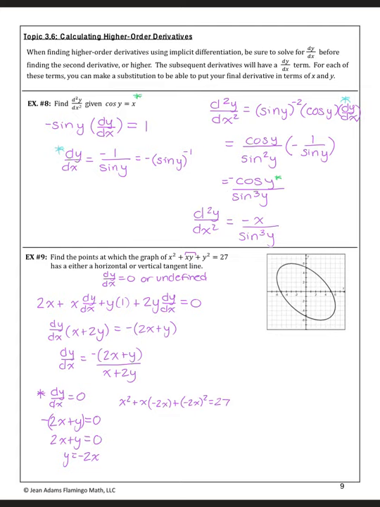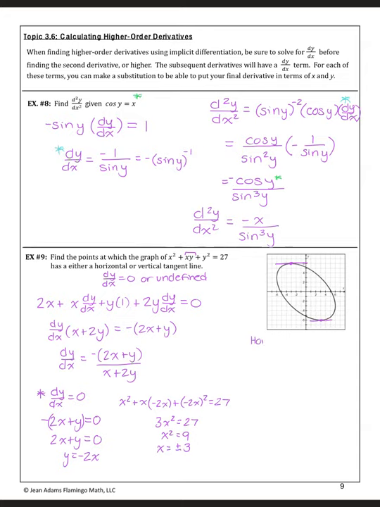Simplify this all down, you will get 3x squared is equal to 27, which means that x squared is equal to 9, which means that x is equal to plus or minus 3. So on this ellipse, we have horizontal tangent lines at x equals plus and minus 3, which if you look very closely, that is a horizontal tangent right there, and again right there.